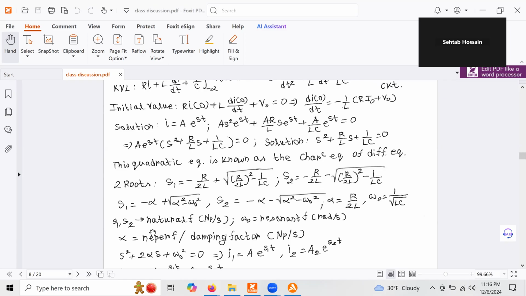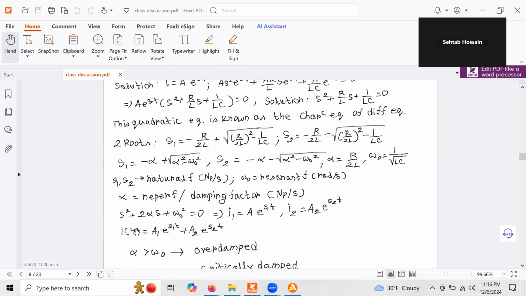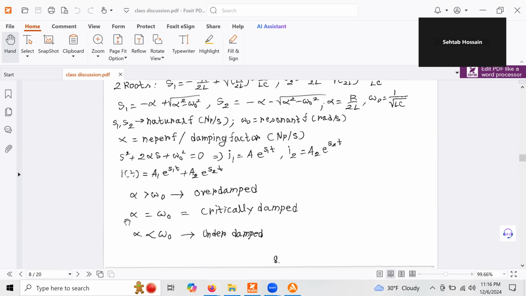And alpha is Napier frequency, known as the damping factor. Its unit is Napier per second. If we put the values of alpha and omega 0 over here, it will be just like this. Then we are getting I1 as A1 times exponential s1t, and I2 as A2 times exponential s2t. So in total, the current will be this expression.